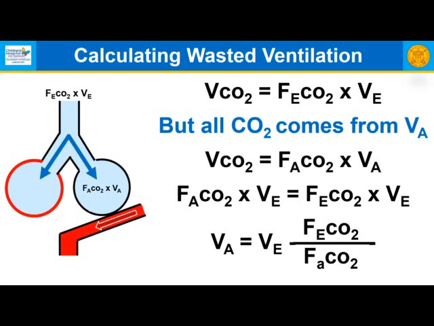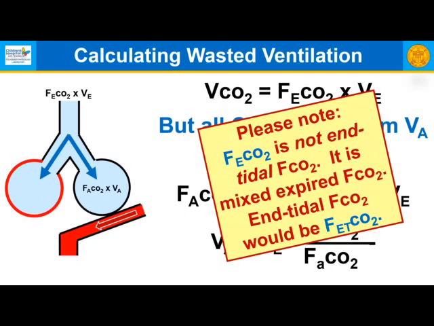If we continue this particular equation here, all right, so we've basically made this equal. VA we know equals, just from this equation, FeCO2 over FaCO2, this is arterial in this case, or alveolar, right? Please note that this is fraction of exhaled CO2, not end-tidal CO2. It is mixed expired fraction of CO2.